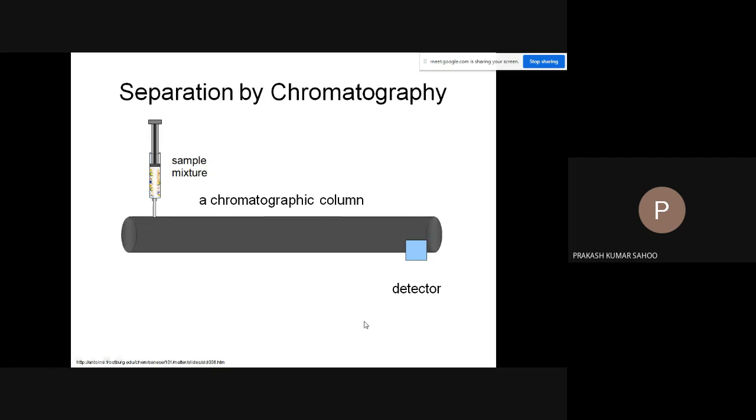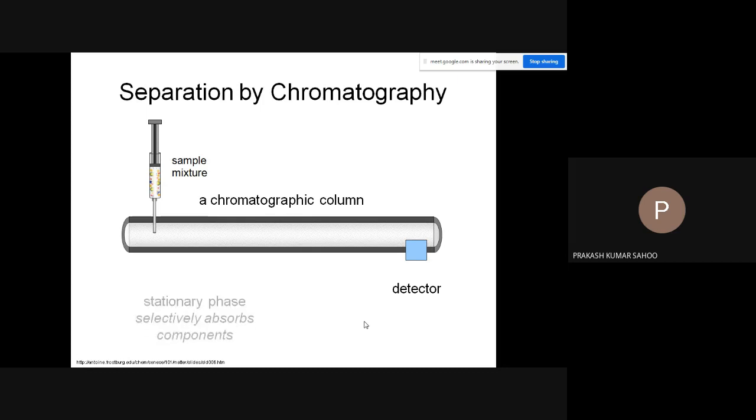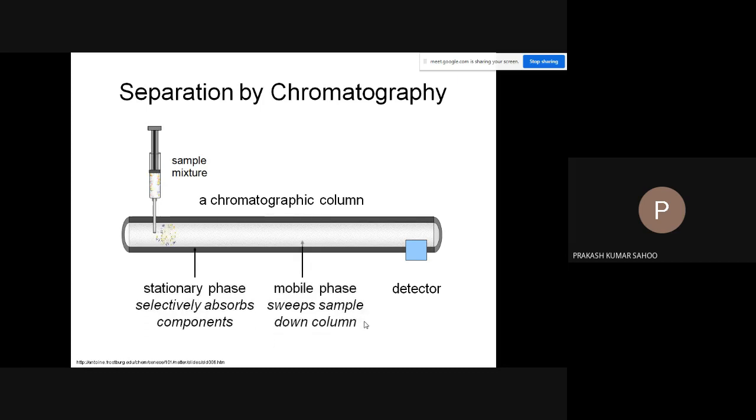Then if I put the mixture inside the column, what happens? Just see. After that, if I add the mobile phase, that is your ether or hexane, then continuously the sample mixture gets floated or continues to move, and after that the constituents get separated on the basis of their polarity or ionic character.